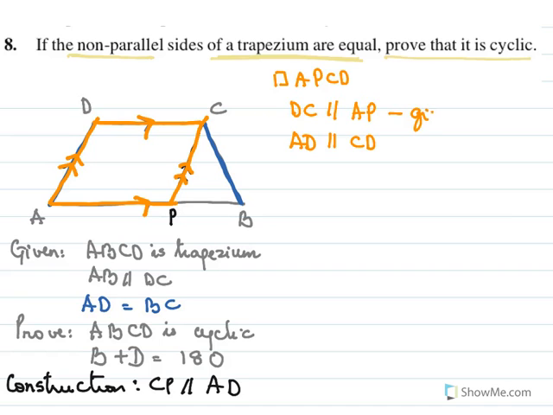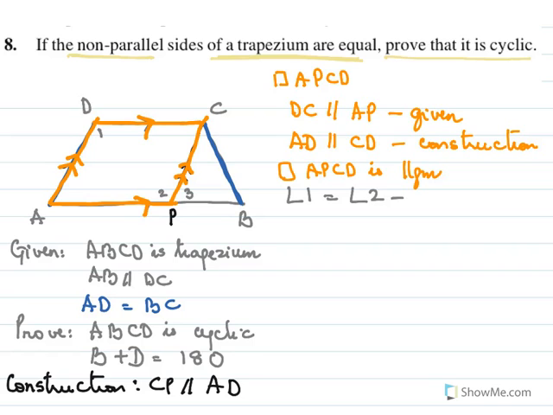This was given and this is constructed. So quadrilateral APCD is a parallelogram. Now if it is a parallelogram, we'll mark these angles as 1, 2 and 3. We can say angle 1 equals angle 2. We write this as equation 1. This is opposite angles of a parallelogram.